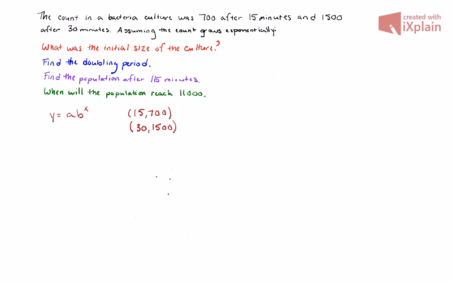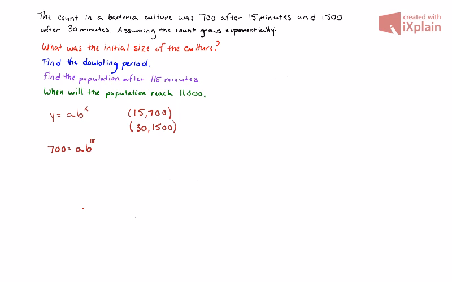We're going to use these two coordinate points to help us uncover what our equation should look like. So to begin, we can say our output is going to be 700, or 700 is equal to a times b raised to the 15.